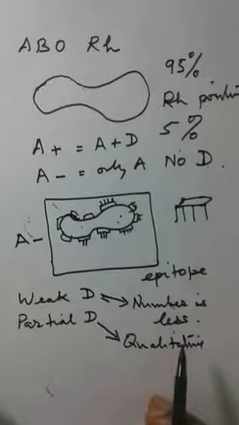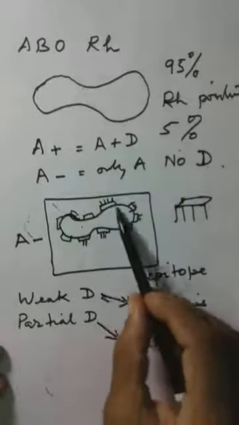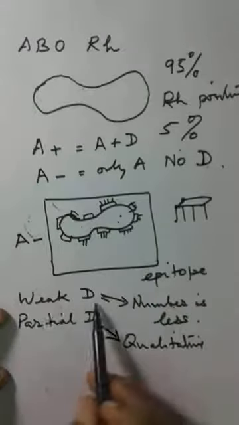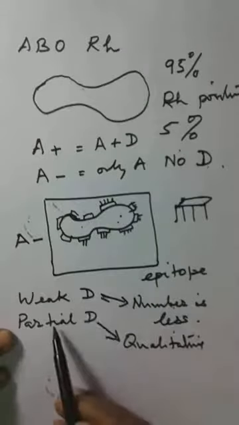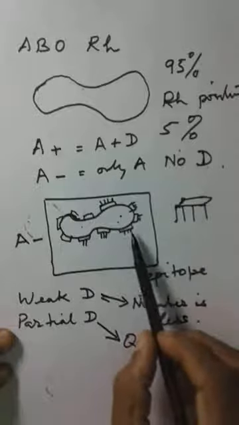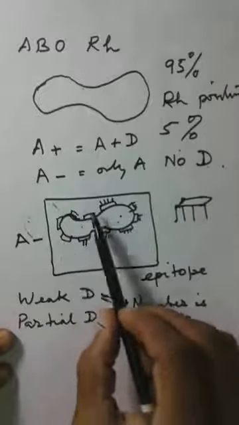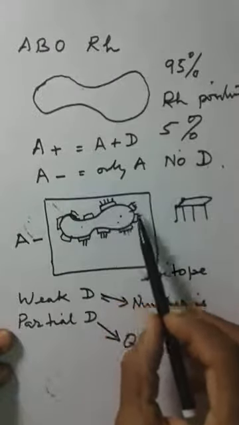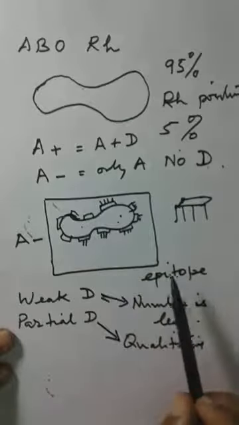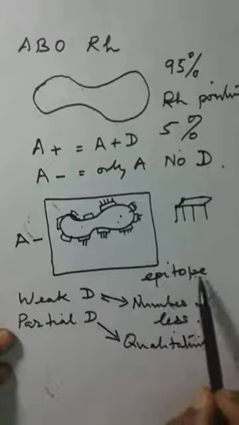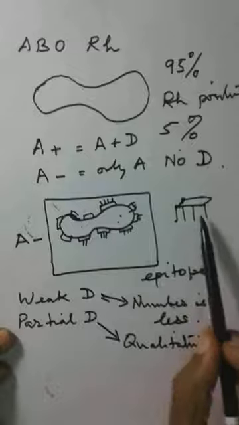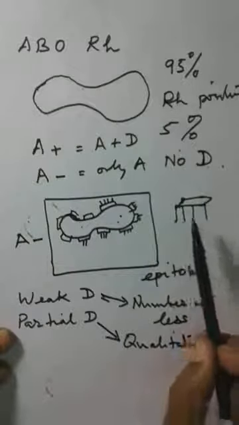Only less number is available. That will be weak D. Partial D is in some of the D antigens, their epitopes are less in number, maybe 3 or maybe 2, like that.